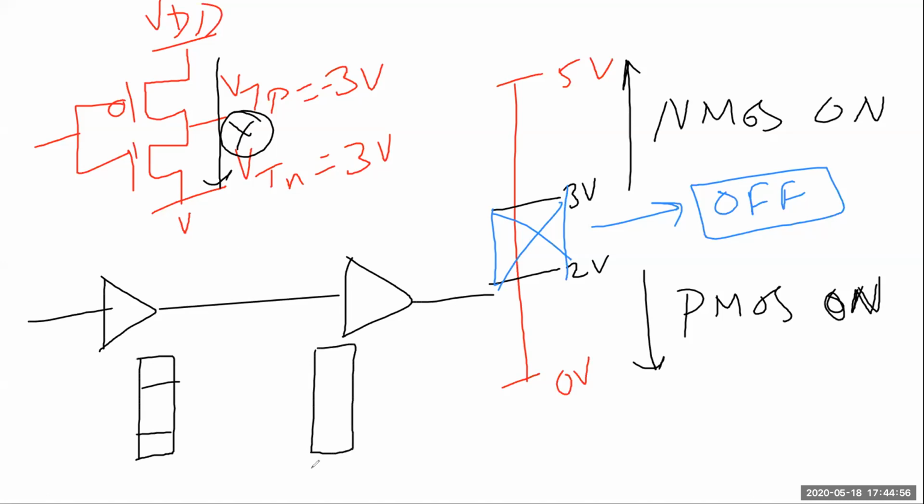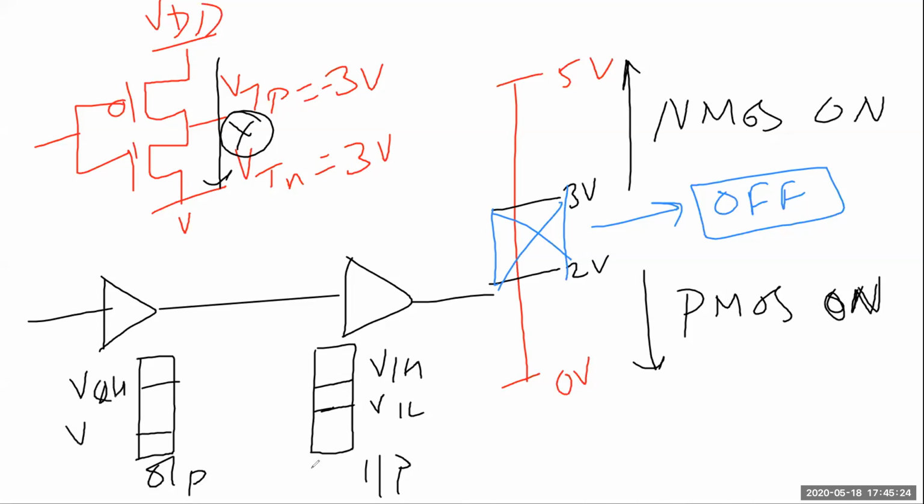So if this is my output side and this is my input side, how are you going to define the noise margin? First you have to see what VOL and VOH are, and similarly VIL and VIH.